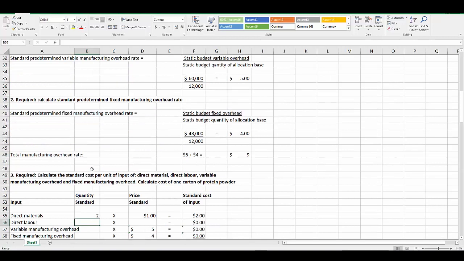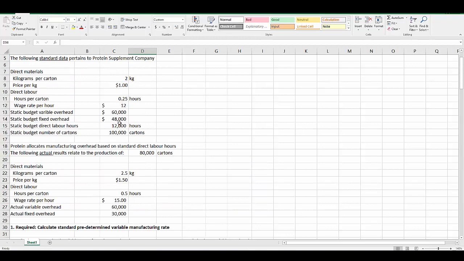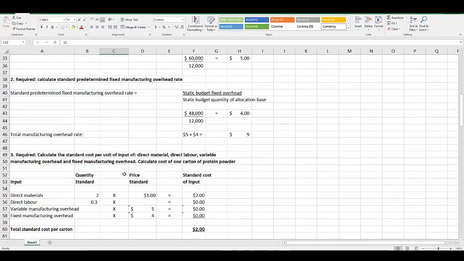So we'll put our 0.25 here, and the labor rate is $12, and that's from up here, it's $12 right here. So we'll put our $12 in right here, and we want to make sure this actually rounds up to our 0.25.